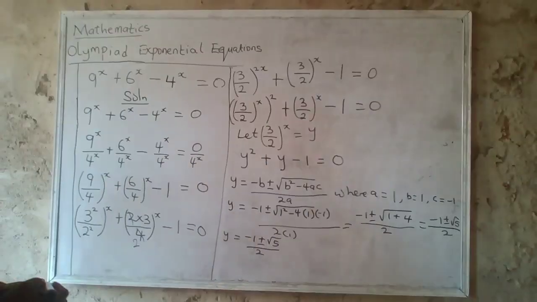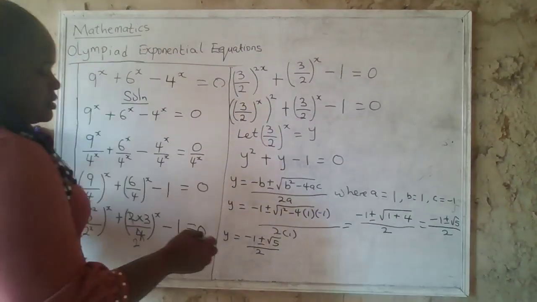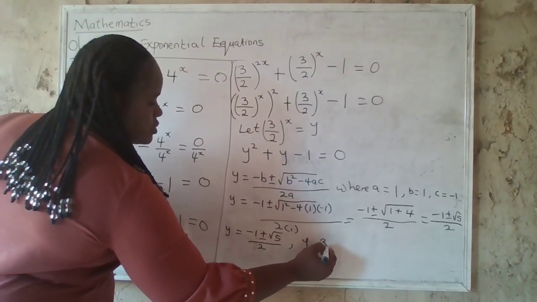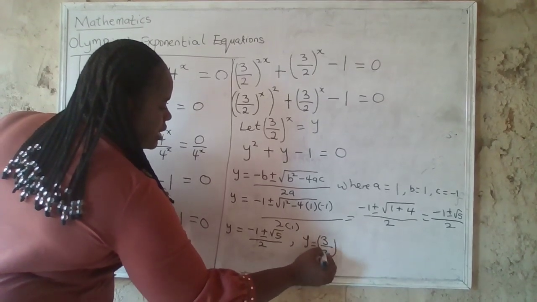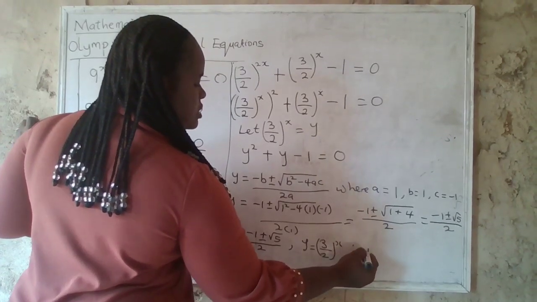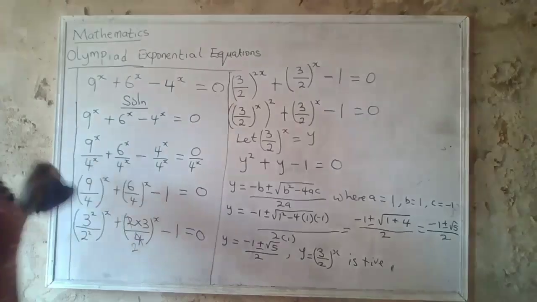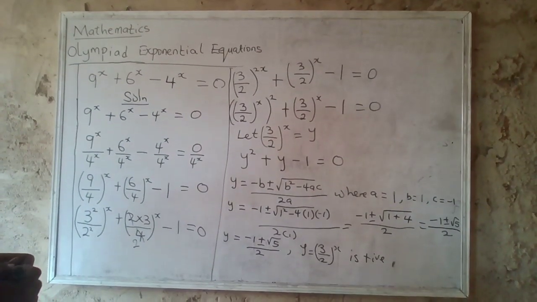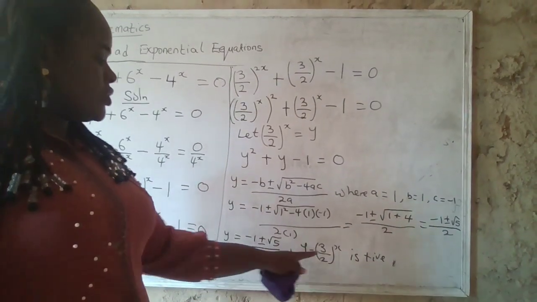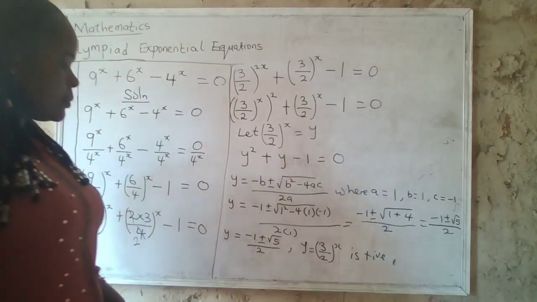But remember that y is equal to 3 over 2 all raised to power x, which is a positive number. So we are going to go for the value of y which will give us a positive value.